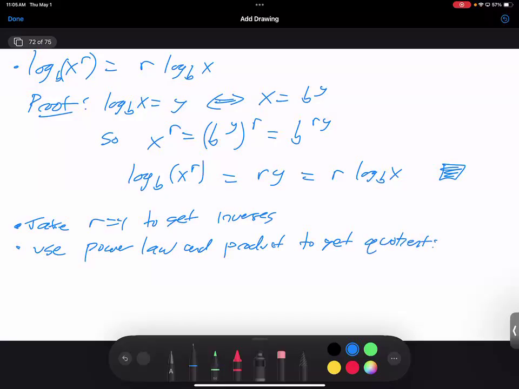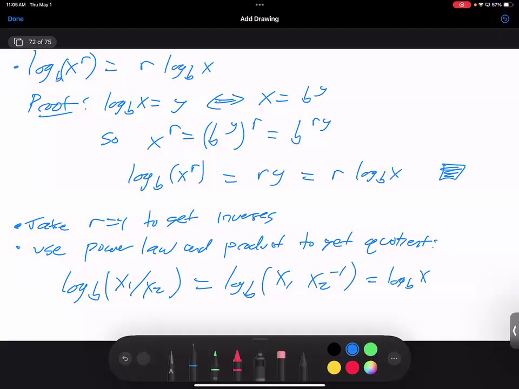I could prove the quotient directly, but the log base b of x1 over x2 is just the log base b of x1, x2 to the -1. And then that's now the log base b of x1 plus the log base b of x2 to the -1, which is the log base b of x1 minus the log base b of x2. So it's always nice to use earlier results to prove later results.